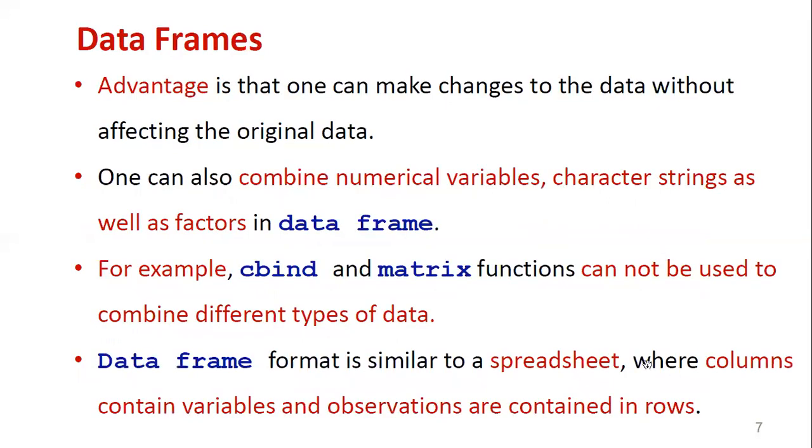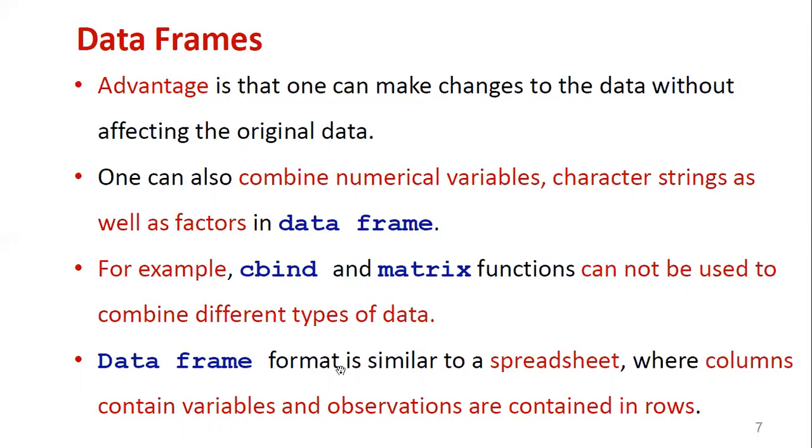Then there is one advantage. The advantage is that one can make changes to the data without affecting the original data. One can also combine numerical variables, character strings as well as factors in a data frame. For example, cbind and matrix functions cannot be used to combine different types of data.